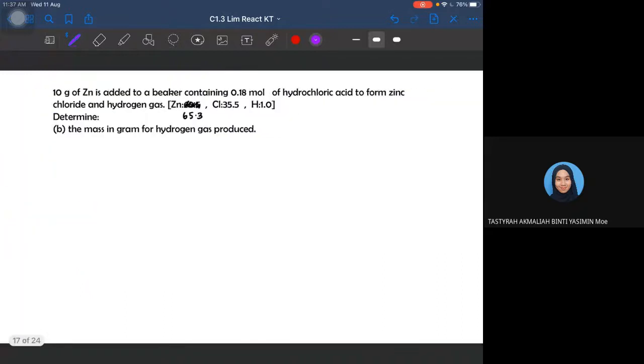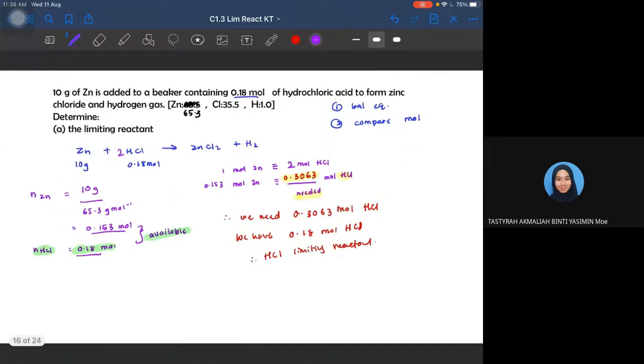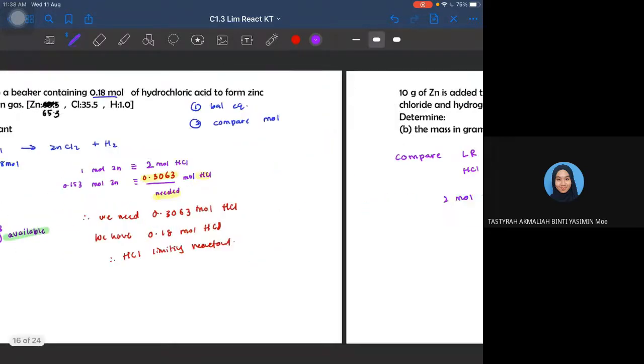So we need to calculate by comparison jugalah. Kita mesti compare limiting reactant dan produk yang kita nak cari. Limiting reactant tadi kita dah decide HCl. From the equation, 2 mole of HCl akan menghasilkan 1 mole of H2.